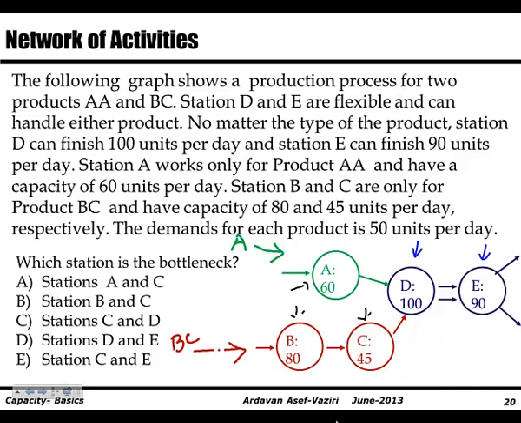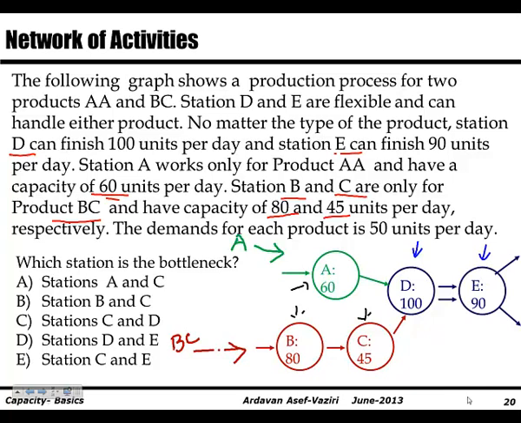Operation A can handle 60 product A per day. Operation B and C are only for product BC and their capacities are 80 and 45, as I have depicted here. And operation D and E are needed for both products, product A and product BC.